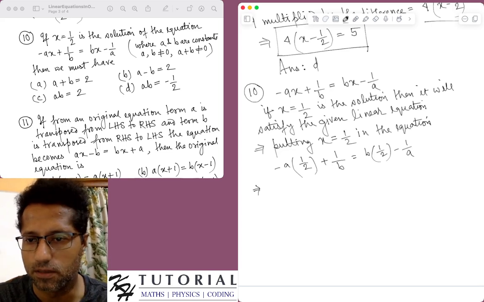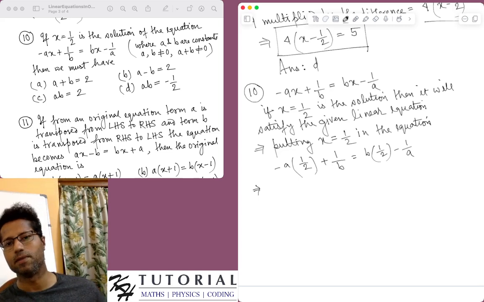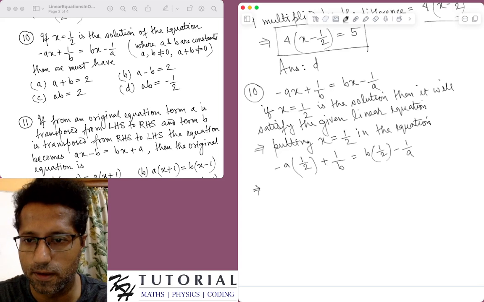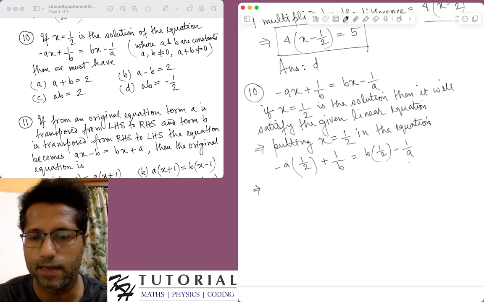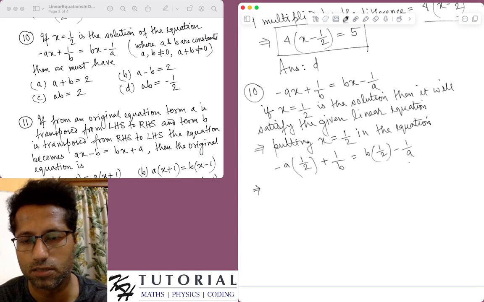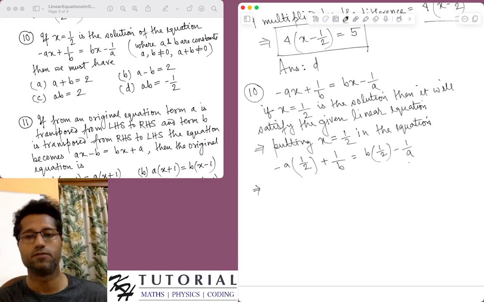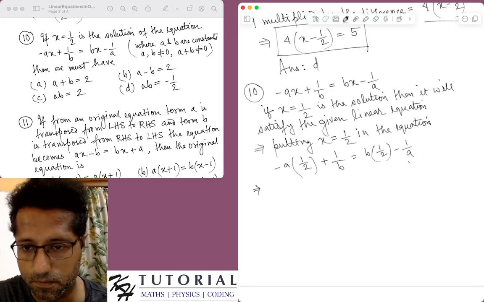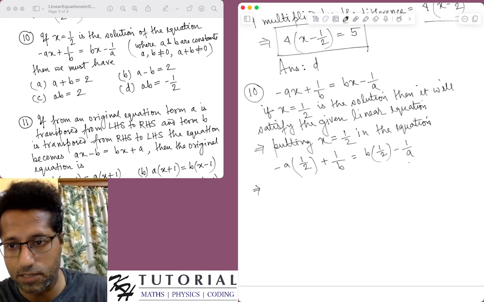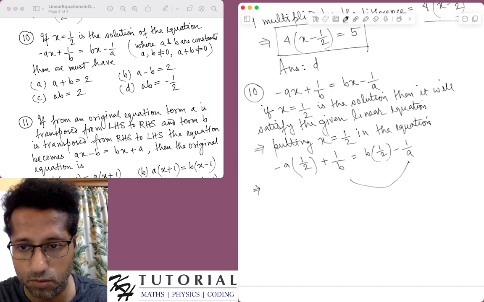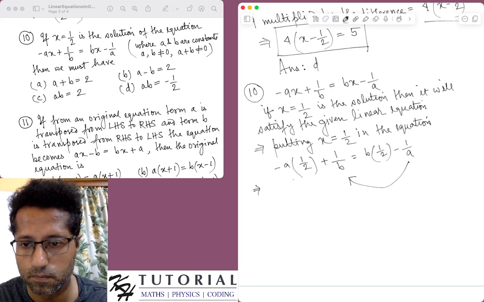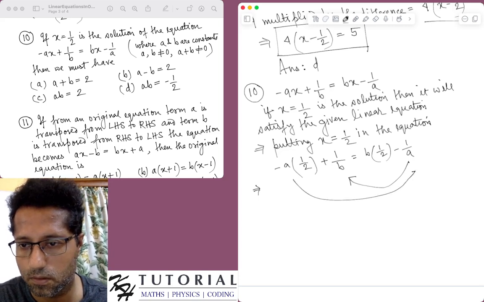Let's keep the 1 by b and the 1 by a terms together, and the b and a terms together. So I am transposing. This is again a kind of equation, and I can manipulate this equation by transposition of terms, and it will not affect the equality. So I am transposing this minus 1 by a to the left hand side, and this minus a by 2 to the right hand side.